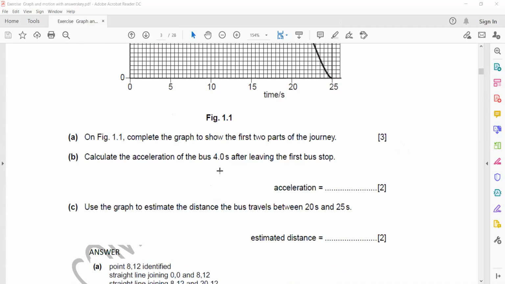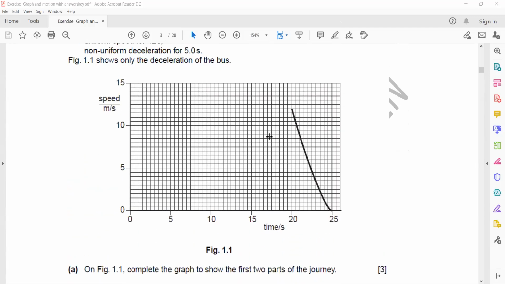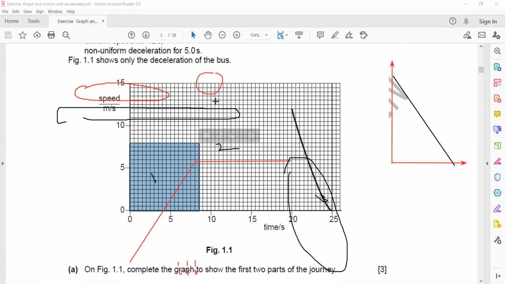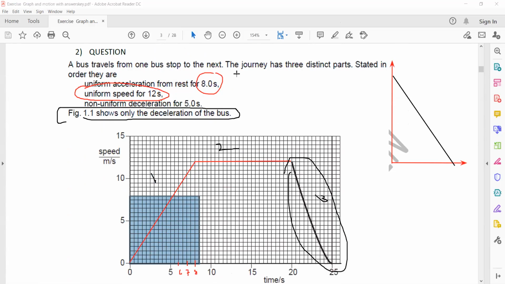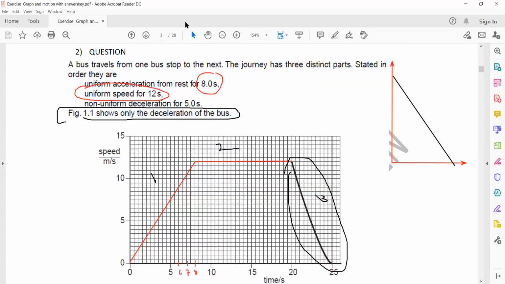Calculate the acceleration of the bus for 4 seconds after it leaves the bus stop. So how can you calculate an acceleration? This is a graph and you need the acceleration for 4 seconds.